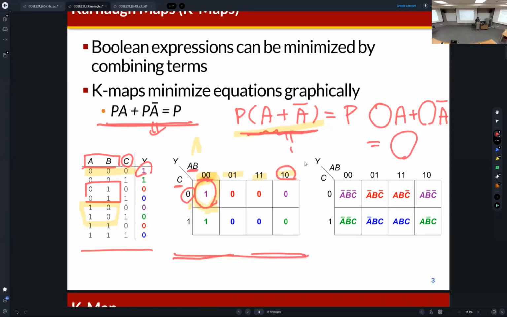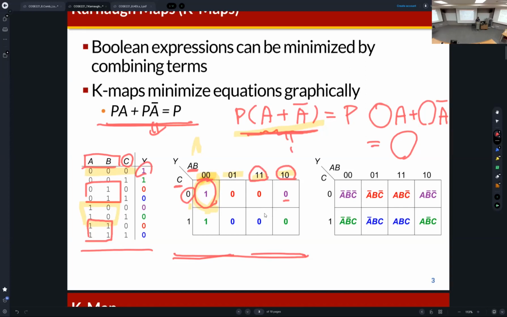It's very important. So AB 1 0 is here, and then C is 0 and 1, and the output Y is 0 and 0, and then 1 1 is here, and we can allocate the output Y here.